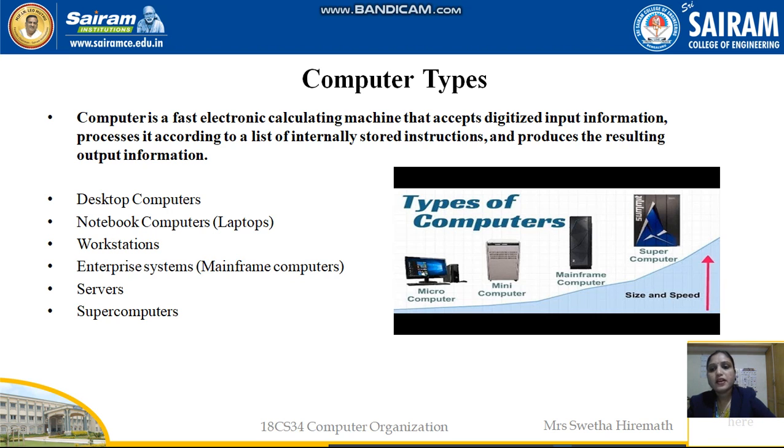So we have divided the computers into 6 different types here: desktop computers, notebook computers, workstations, enterprise systems, servers, and supercomputers, based on the computational power and the storage capacity of a computer. So mainly in our laboratory we'll be making use of the desktop computers, and you people will always be carrying the notebooks or laptop computers.